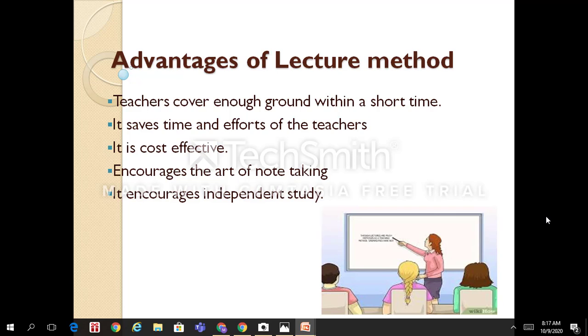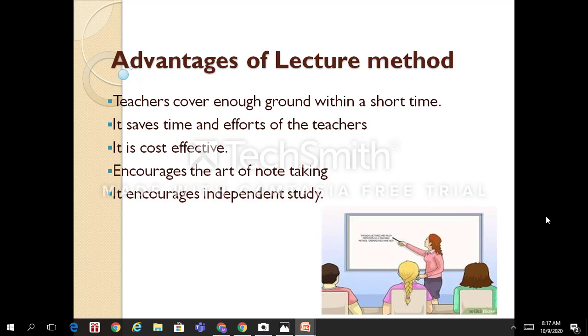This method has so many advantages. Advantages of lecture method. The teacher covers enough ground within a short time. That means when you have a syllabus and you use lecture method, you'll be able to cover more ground in a shorter time.